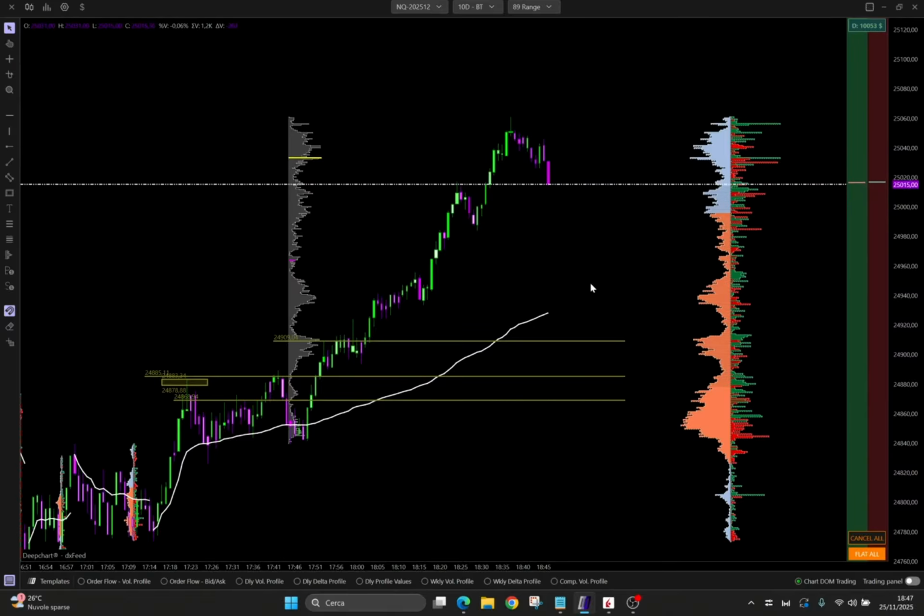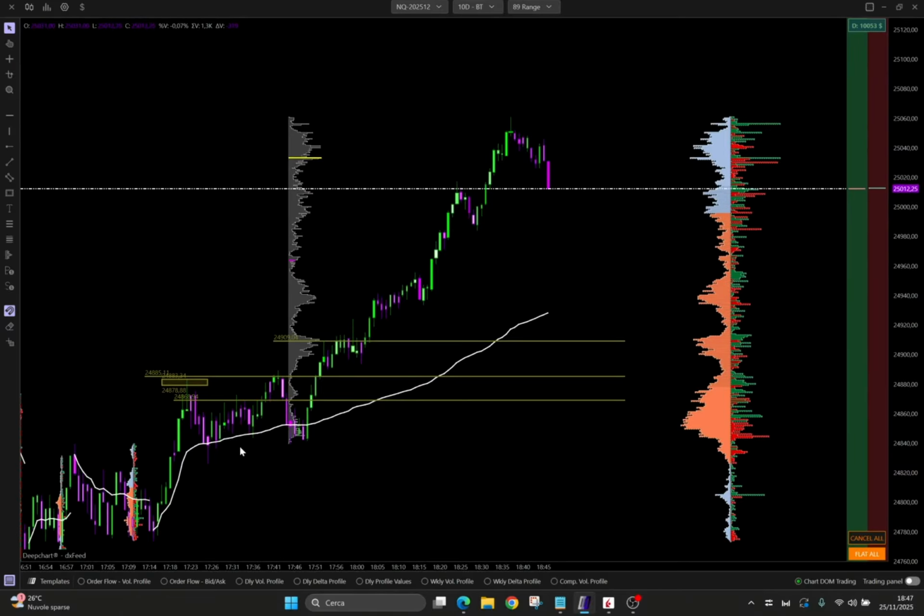So the first information that I want to show you is the VWAP. What is the VWAP? It's a volume weighted average price. It's showing you who is in control. Who is in control at the moment from 5:14 European time, okay?